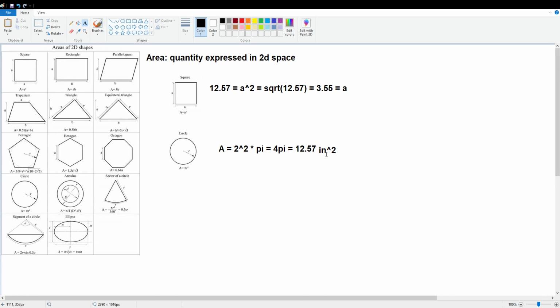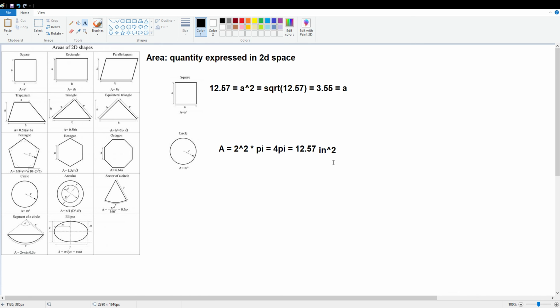So the area of 12.57 inches squared is the same thing as thinking of it as 3.55 times 3.55 inches.